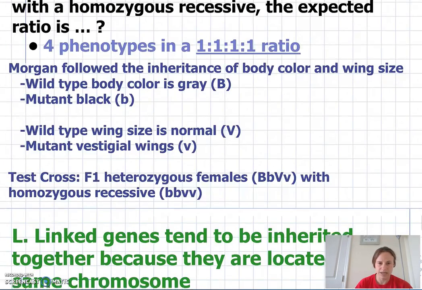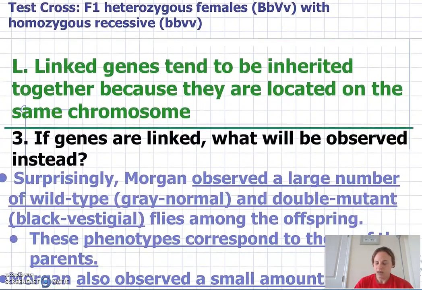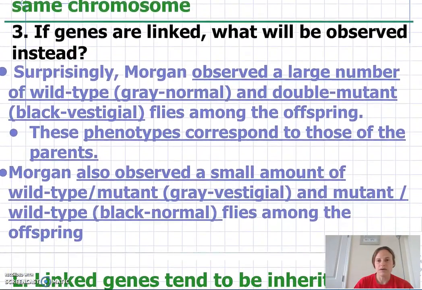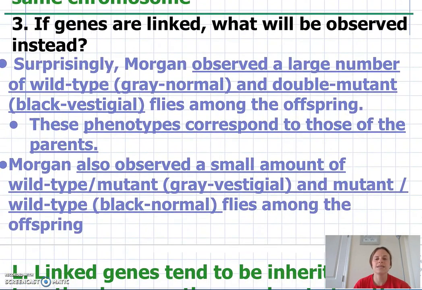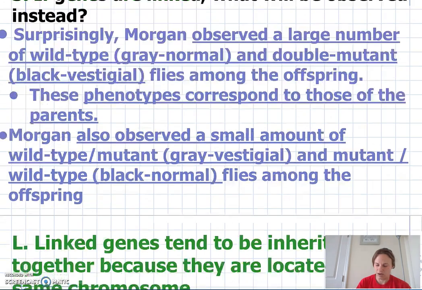But before we even get to the test cross, let's note that what happened was Morgan did not find a 1:1:1:1 ratio. Instead, he observed a large number of the offspring that were wild type and double mutant, the phenotypes that correspond to those parents, but he also observed a small amount of wild type mutant gray vestigial and mutant wild type black normal flies among the offspring.